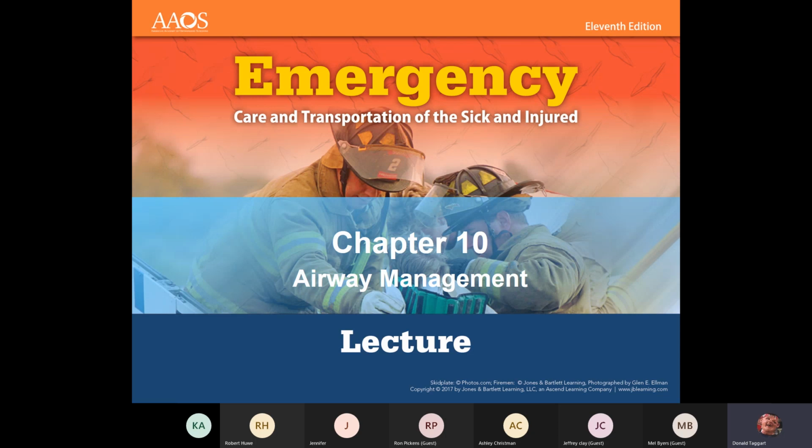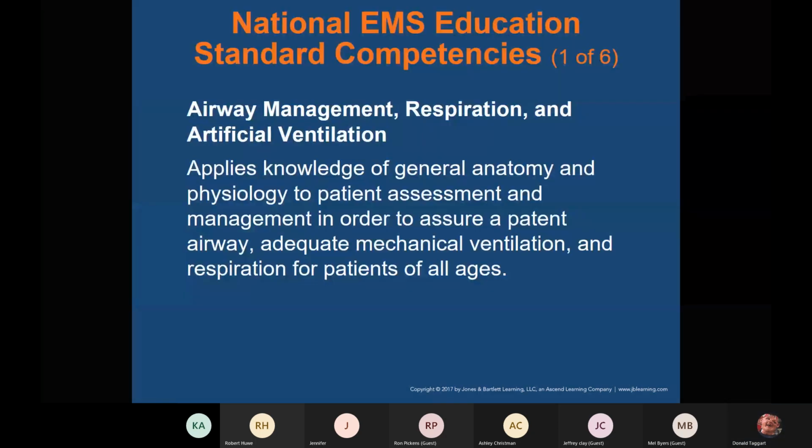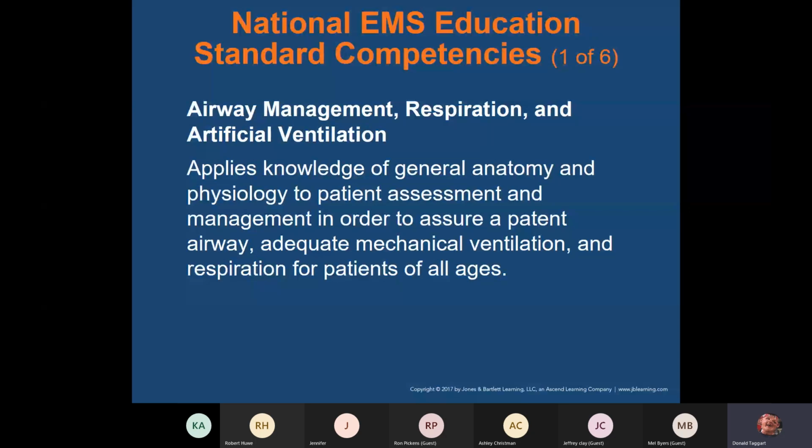So again, tonight's airway management. We're going to take the anatomy, go over the principles, the equipment, and then how to properly manage that airway. One of the slides said you need to become masters, or do a good job, at patient assessment.